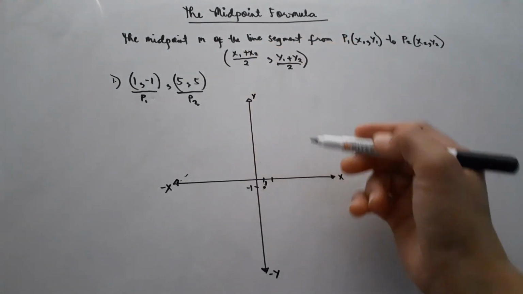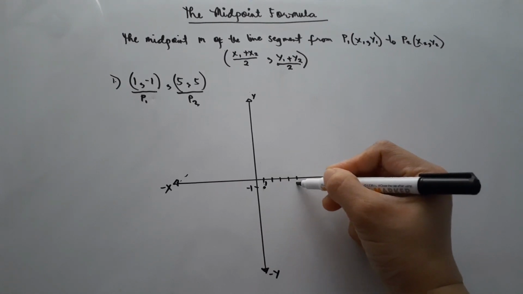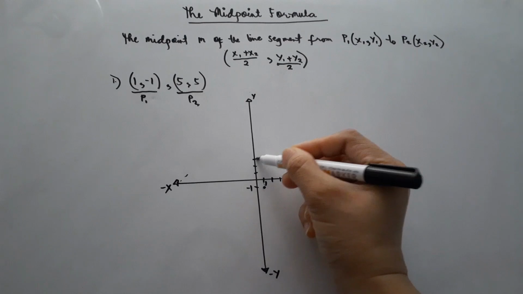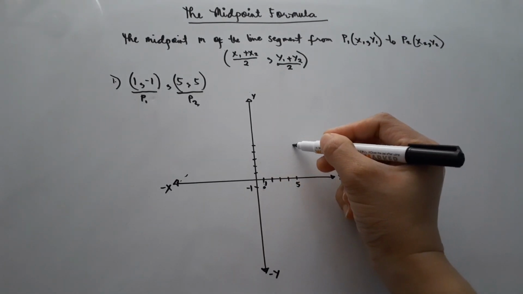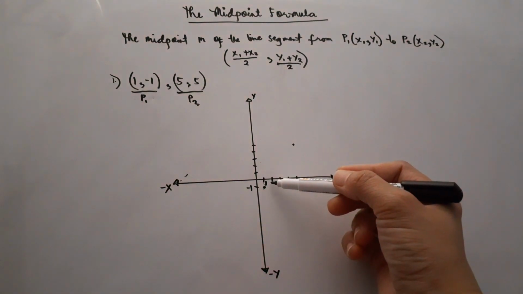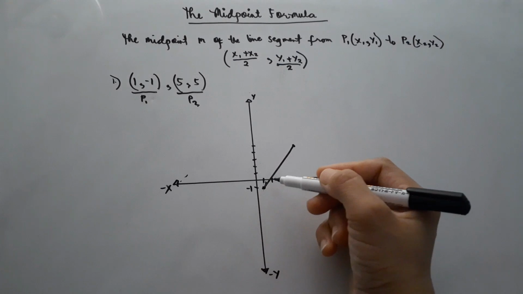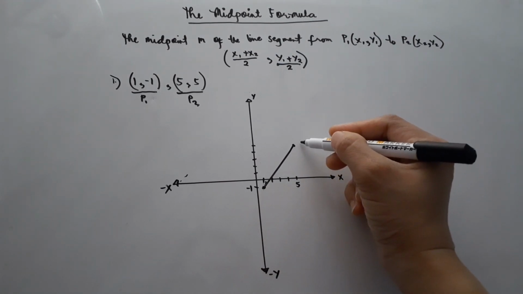We have x sub 1 and y sub 1. And the other point, which is point 2, is going upward. So we have to count its unit by 5 and then we put the dot here. And then we connect each endpoint. So we have to find the midpoint in between.